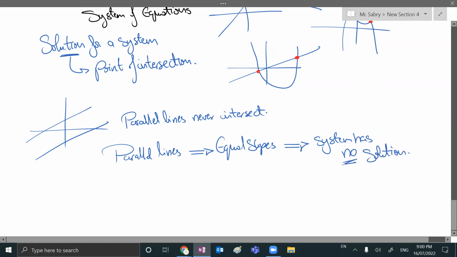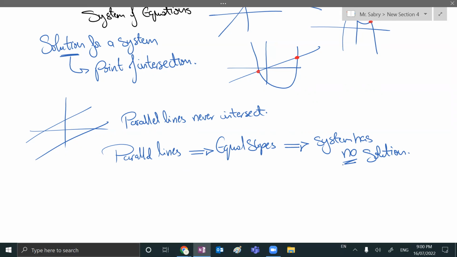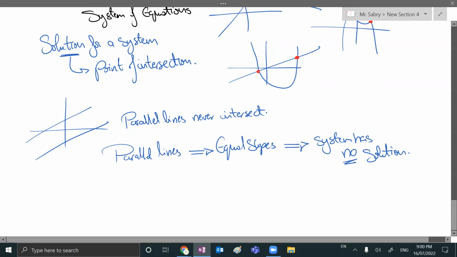So these three things are connected. Whenever you read any of them, you remember the other two. When I say two lines have equal slopes, then they're parallel, and then this means they have no solution. If I say they have no solution, then they're parallel, then they're equal slopes, and so on. They're all the same thing. They link to each other more than you know. Please remember that.